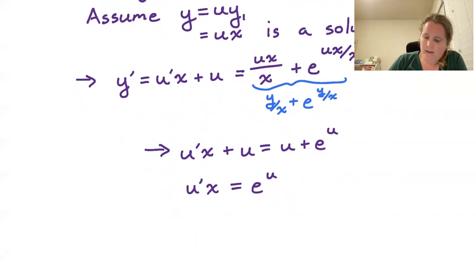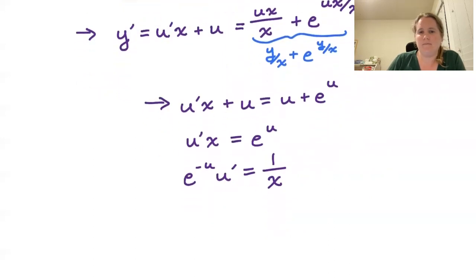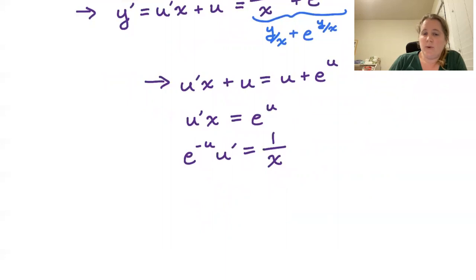And we get e to the negative u times u prime is equal to 1 over x. At this point, we can integrate on both sides.